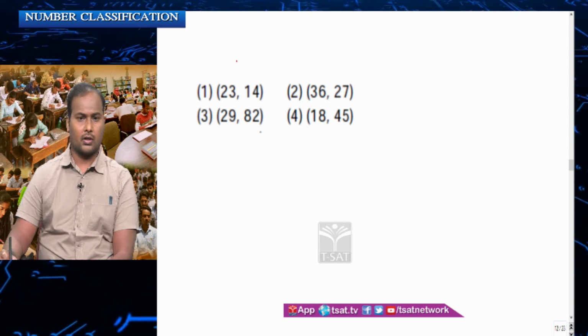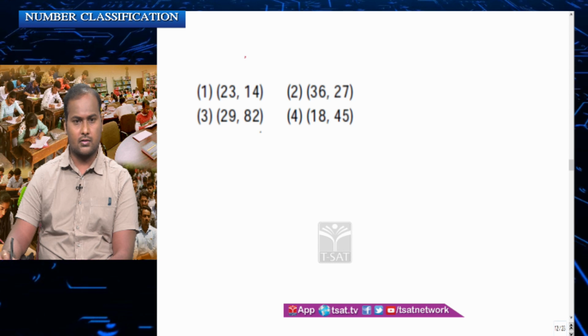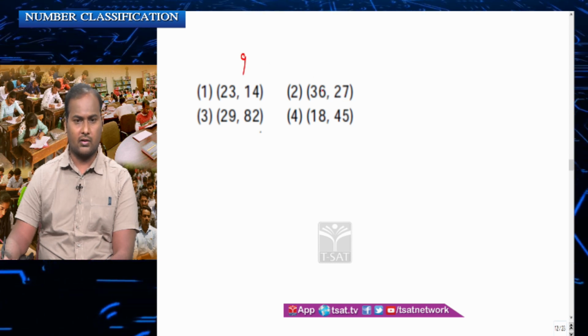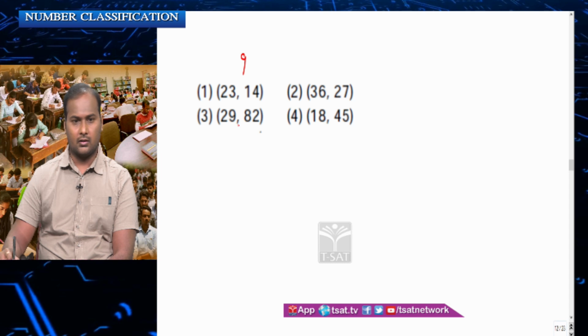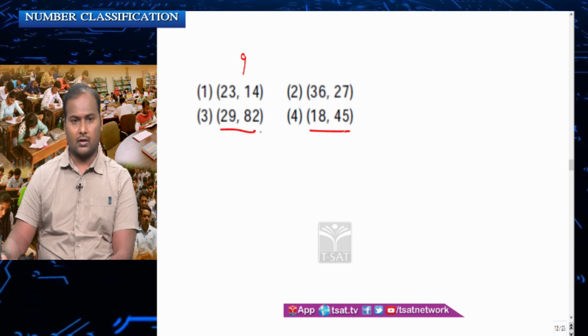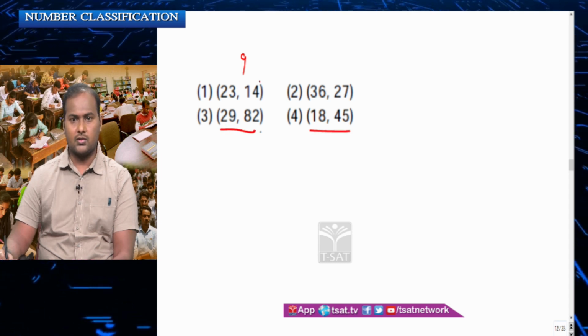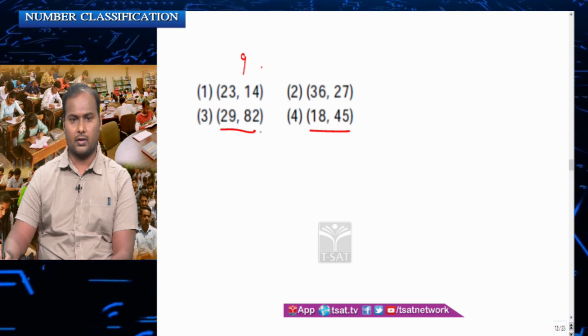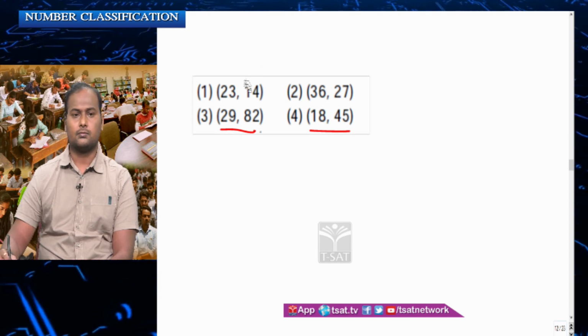So if you see the difference also, it comes to 9 here. So here also there is not much difference, 27 and 39. But you can see here 29 and 82, 18 and 45, I can't come to that range of difference. And you can't see 999 difference in all this stuff, right? So I can't take this one.